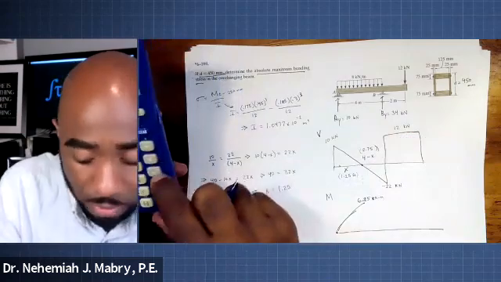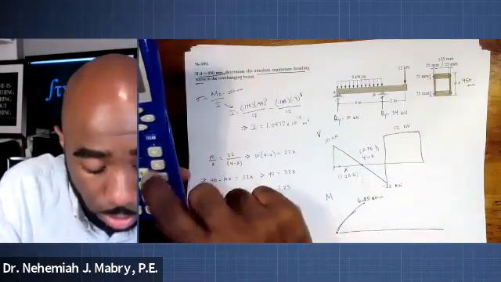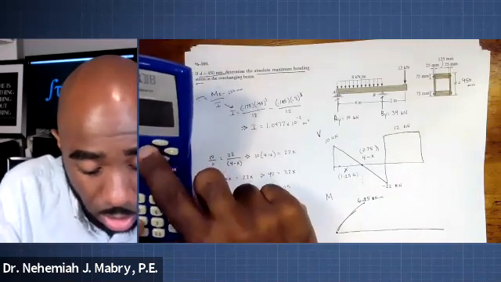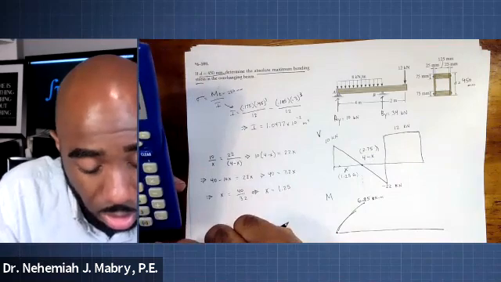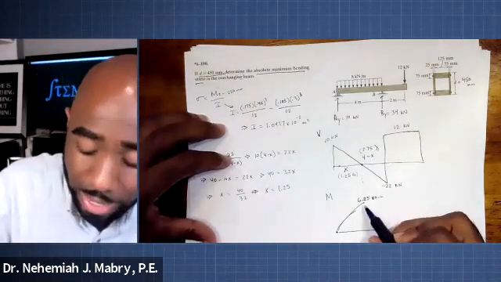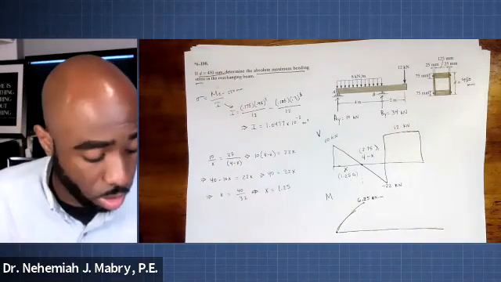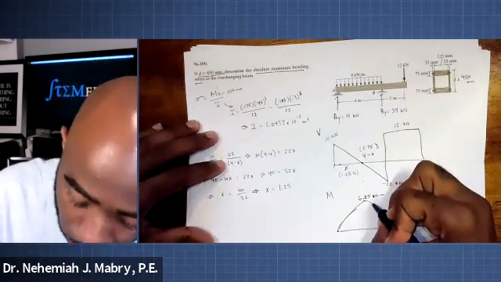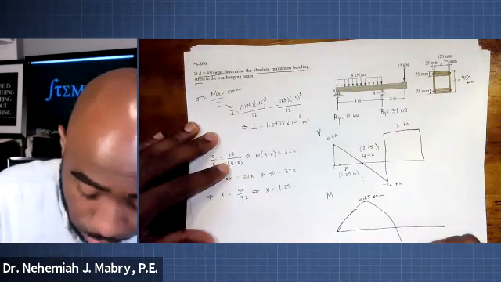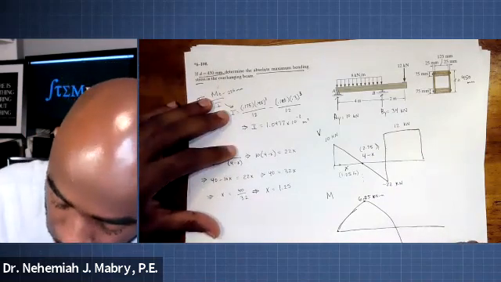So 1/2 times base 2.75 times height 22 is 30.25. So we're going to go from 6.25 down an amount of 30.25, which is going to bring us all the way down to negative 24. That's where we're going to go down to.